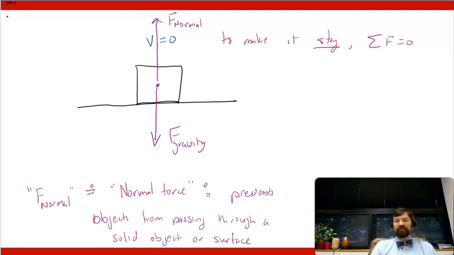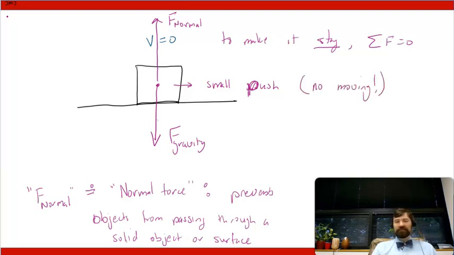What about friction? Well, as long as I'm not pushing on the object, or anything else is pushing or pulling on the object, friction will be zero. If I start pushing on the object, with a small push, it's possible to have a small push such that the object doesn't move. So no moving.